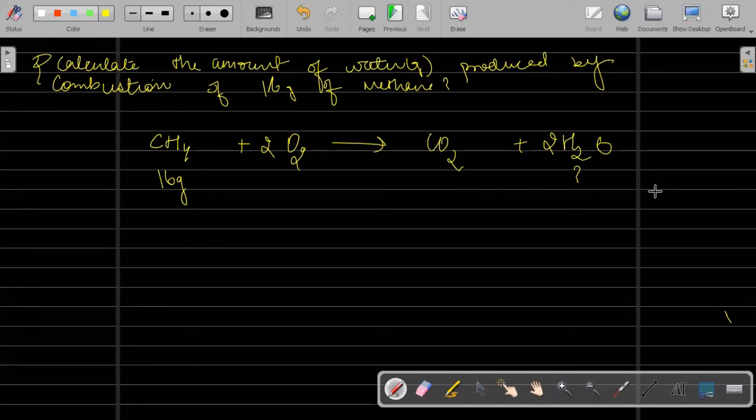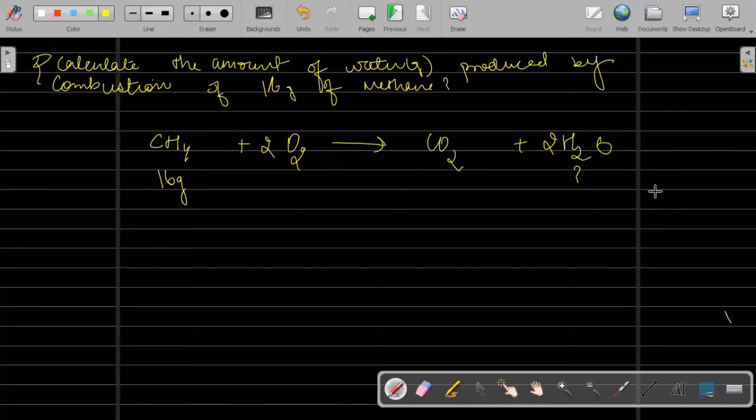When we combust, meaning burn, 16 gram methane, how much water does it give? So you know that 1 mole of methane gives 2 moles of water. When methane is 16 gram, how many moles of methane do you have to combust?